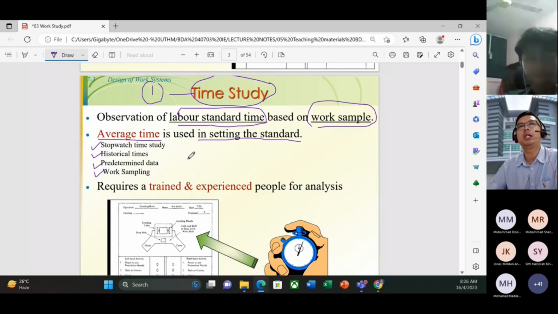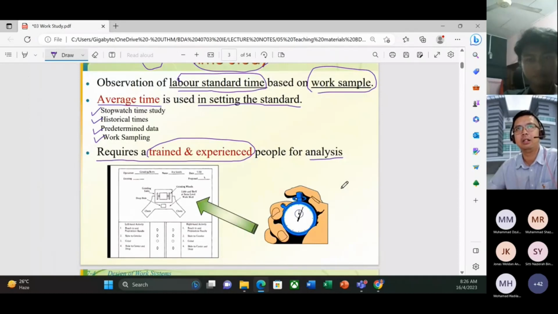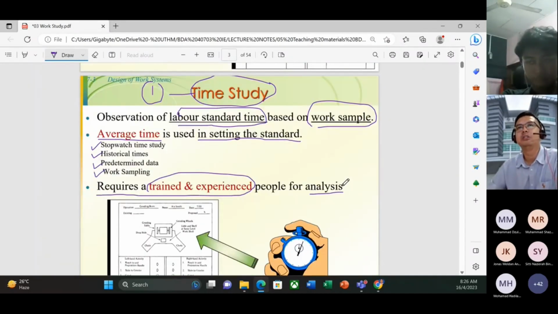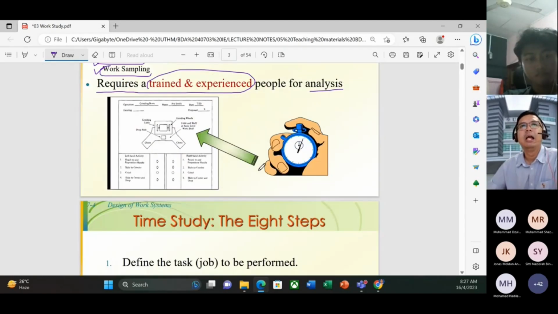And in order to perform a time study, we require trained and experienced people for the analysis. When collecting data at the work sites, you can use a stopwatch, historical times, predetermined data, or work sampling. Later on, I will touch on that.